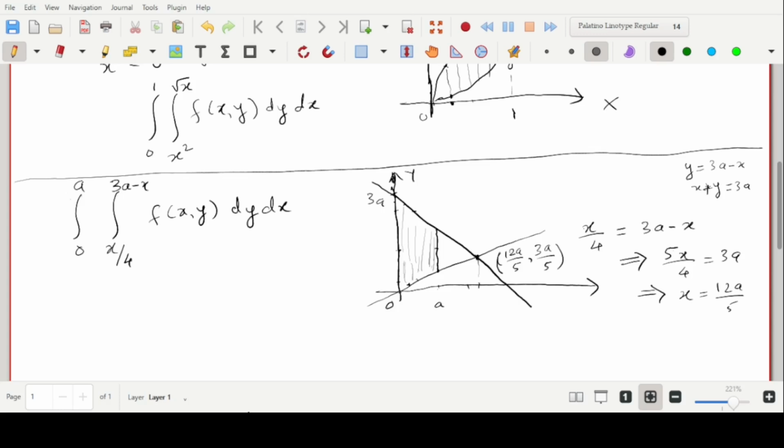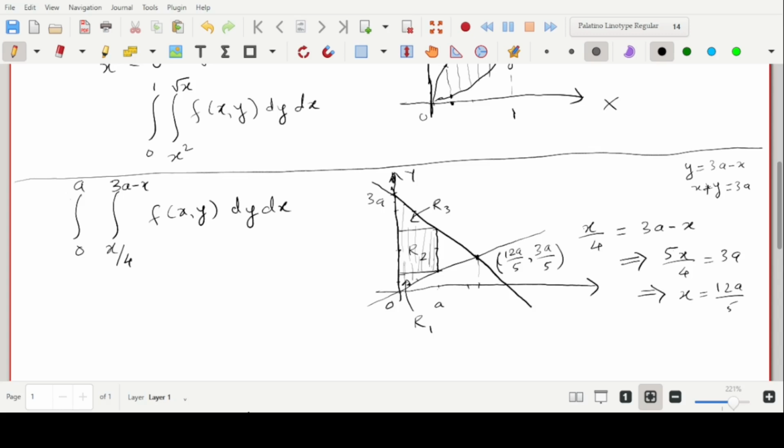So in this case, we can split this region R into this triangle R1, this rectangle R2, and this triangle R3. So let me write this as R3, this as R2, and this as R1.